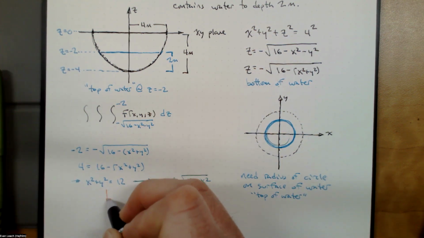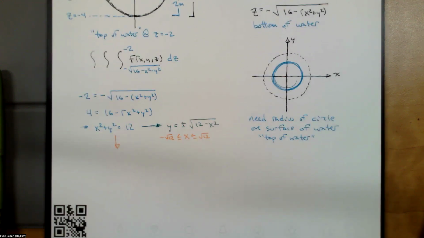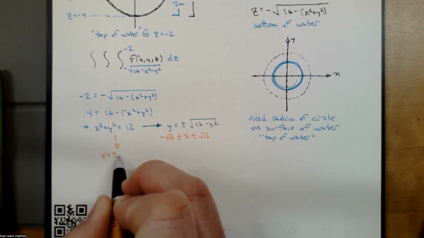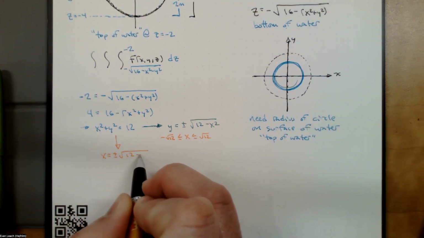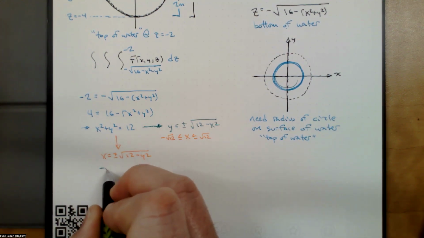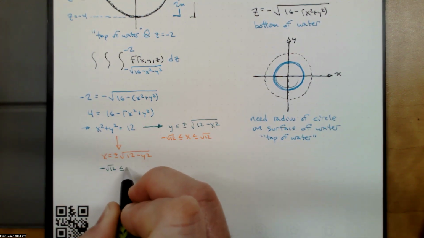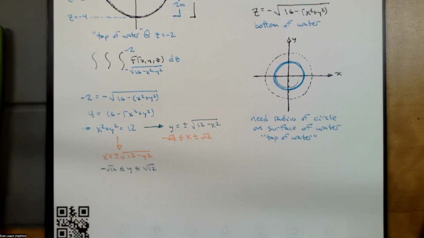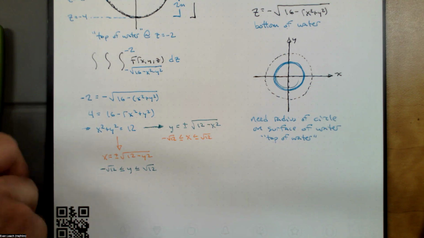Or if we don't want to do a dy dx, we could do a dx dy and say x is plus or minus the square root of 12 minus y squared for y between negative root 12 and root 12. So those are your two choices.